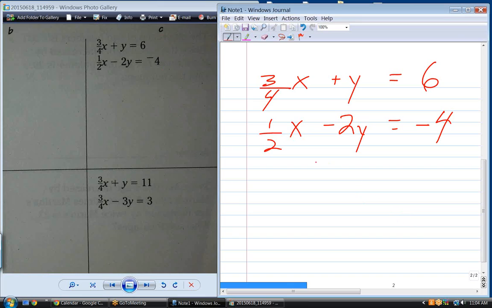Okay, what can we do here? How can we eliminate a variable? Multiply the top by 2. Good. So what is the new equation number 1 going to be?